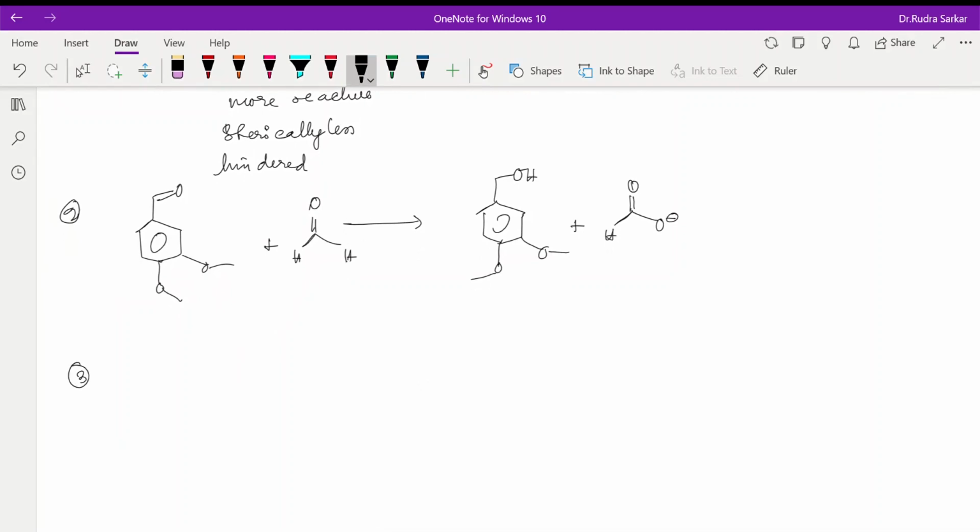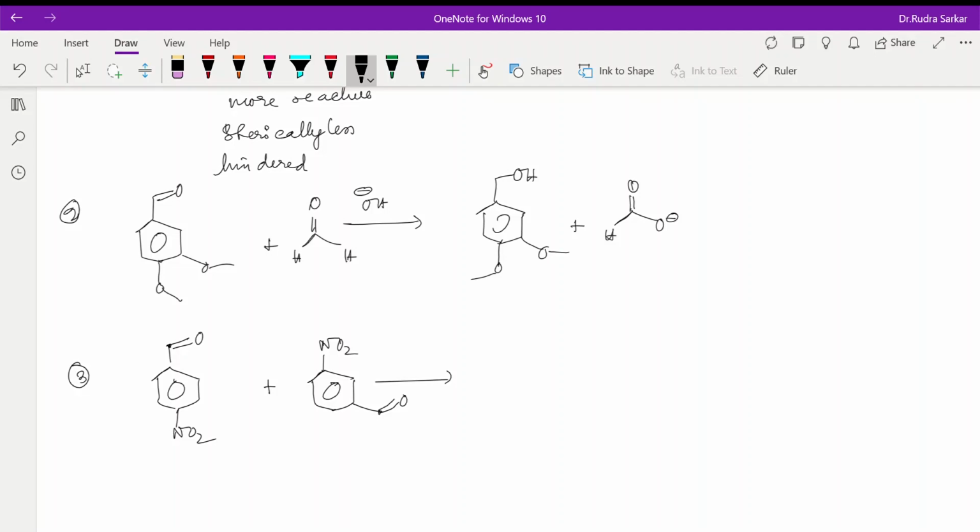Number 3, suppose you are given something like this, and something like that. Now you have to think at this point, which is more electrophilic carbon?